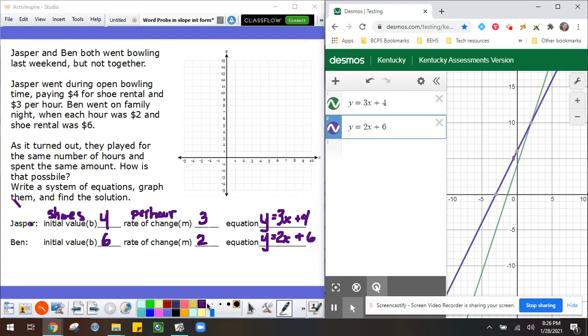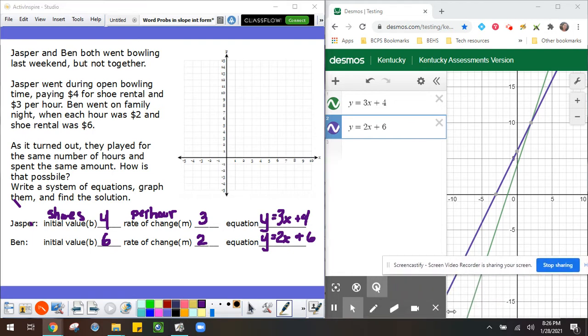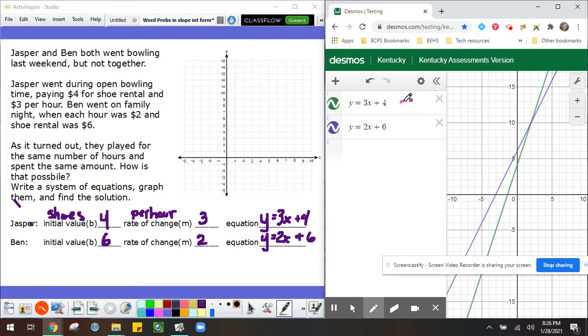I can take the top equation and I can put 2 in for x. So I can do 3 times 2 plus 4. And that is 6 plus 4, which is 10.